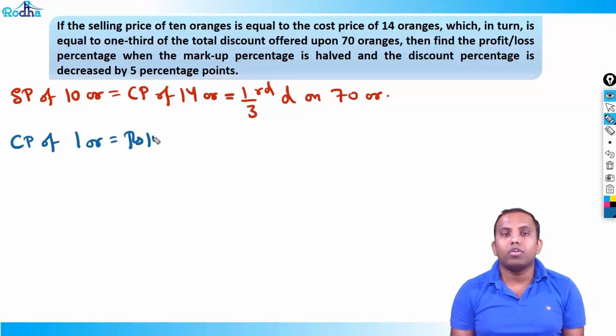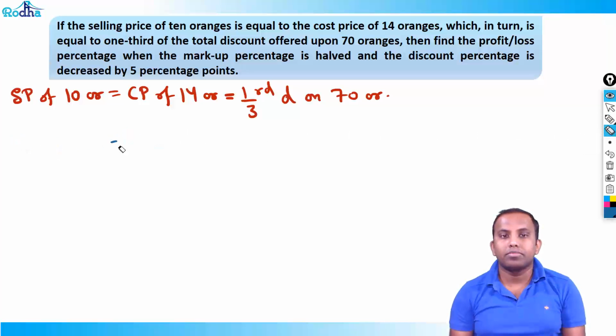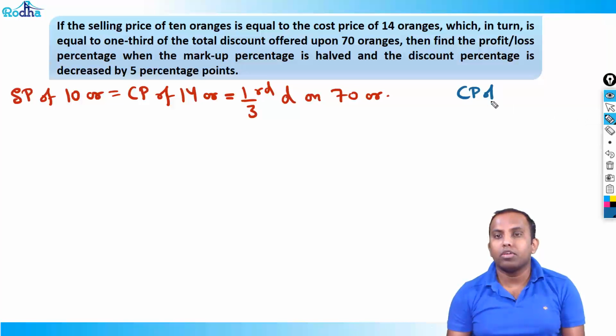So CP of 1 orange is rupees 10. I'm assuming CP of 1 orange is rupees 10.